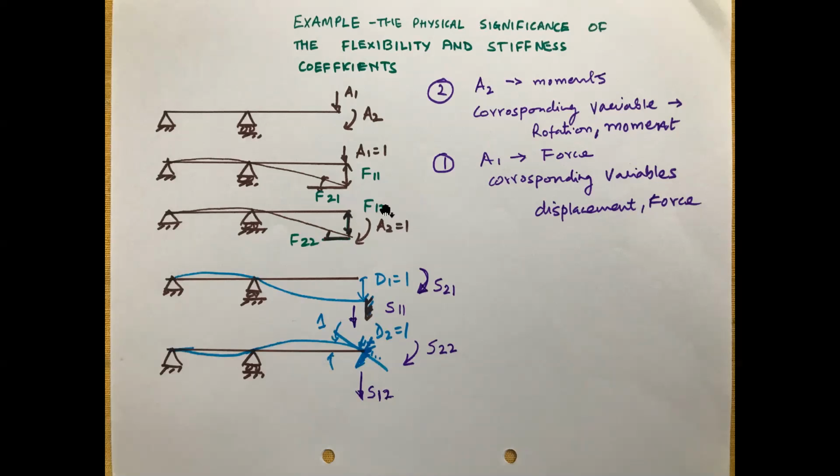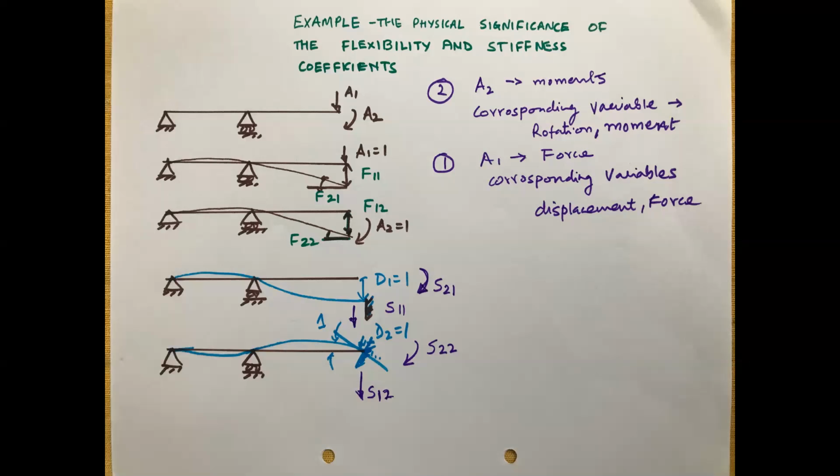And similarly, when I'm making A1 as 0 and A2 as 1, it will give me another flexibility coefficient, that is F12. Now what is F12? It is the displacement. One denotes deflection, 2 denotes rotation.